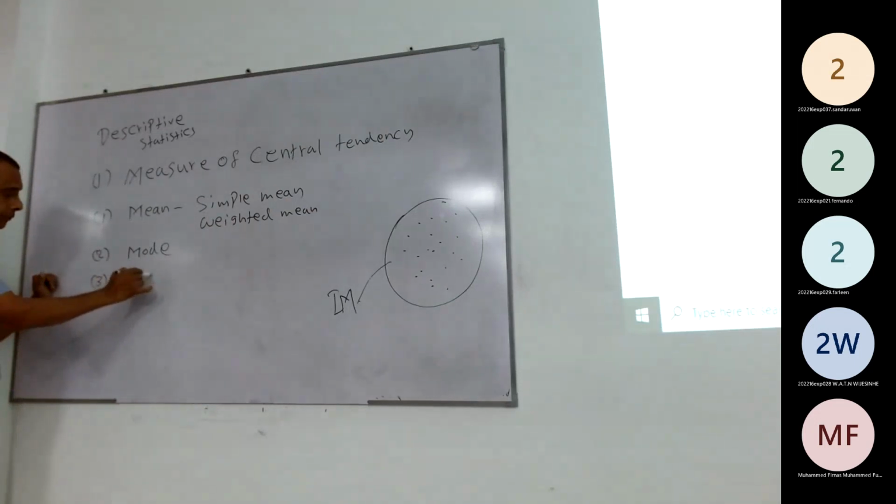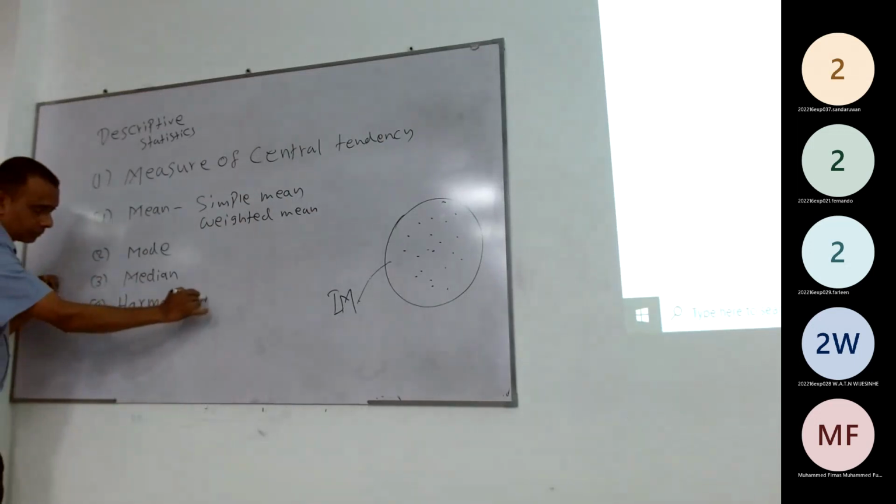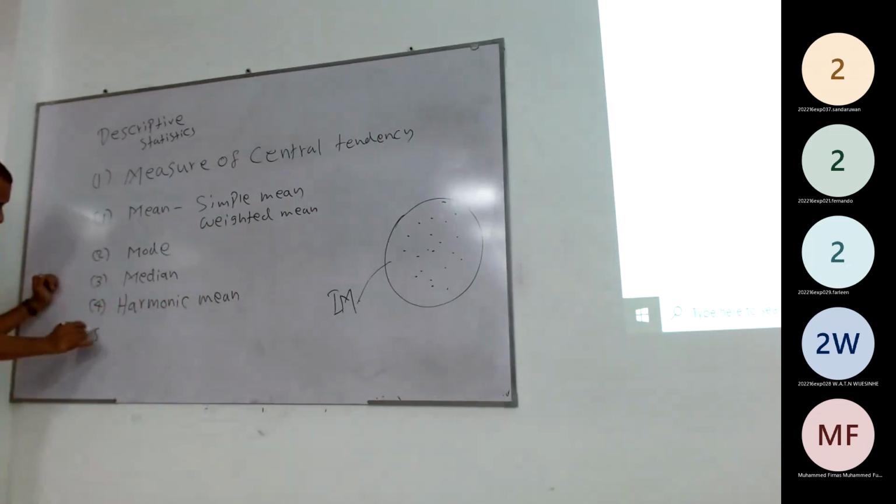Median; in an ogive we mark the median. Harmonic mean. Geometric mean.